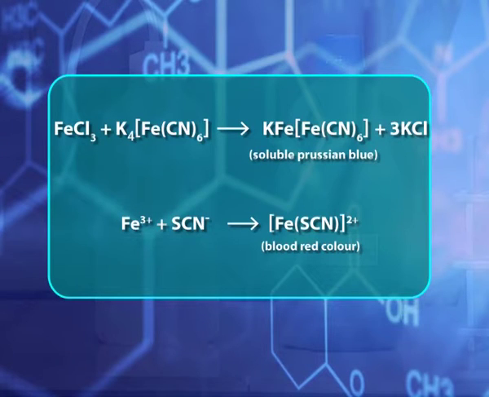Now let us recapitulate what we have done today. We have done confirmatory tests for these two cations. For ferric ions, we have done the Prussian blue test and the test with potassium thiocyanate, which has given us a red colored solution, and the Prussian blue color is of course blue.